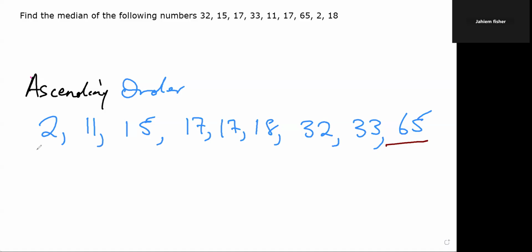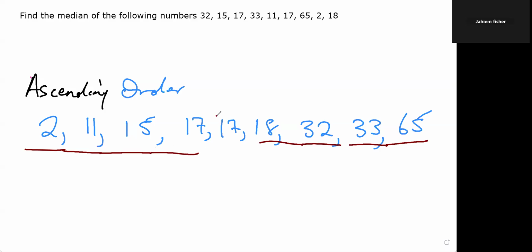Sir, so you underline the 65, go to the other corner, underline the 2, next the 33, next the 11, next the 32, next the 15, and the 18, and the 7.